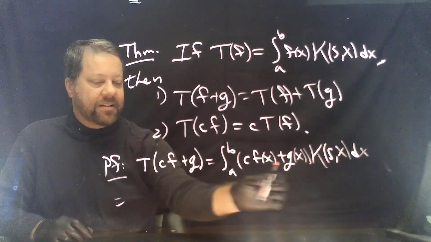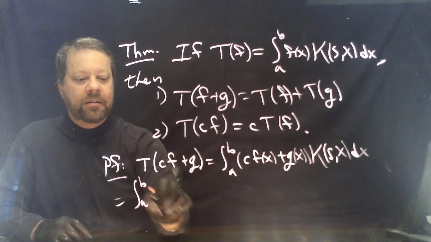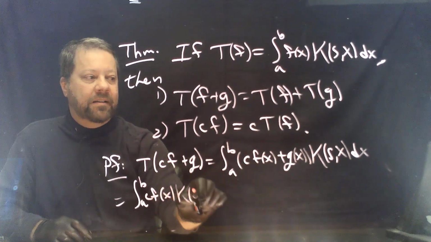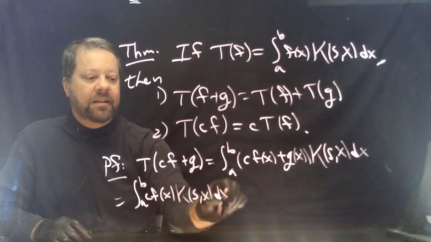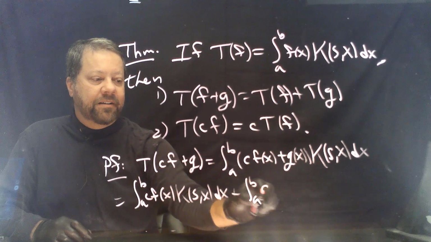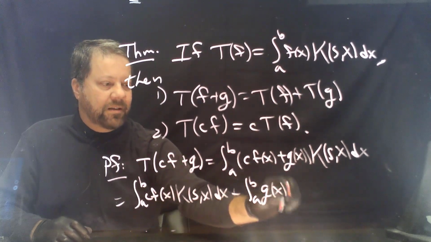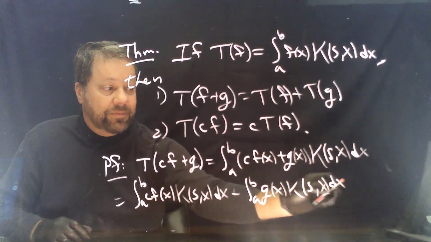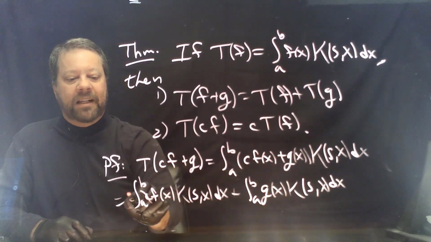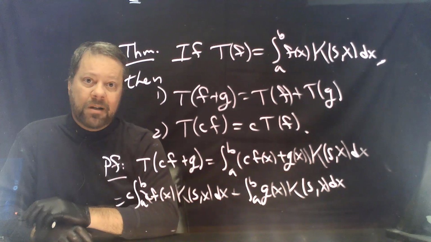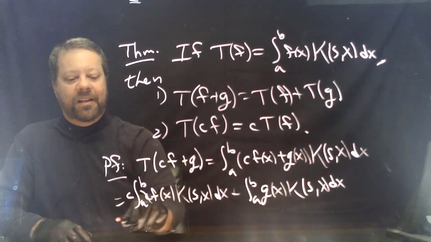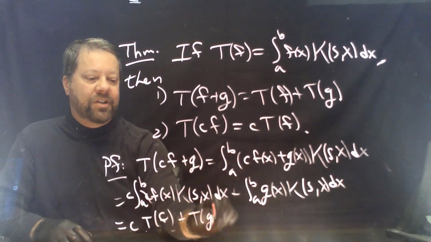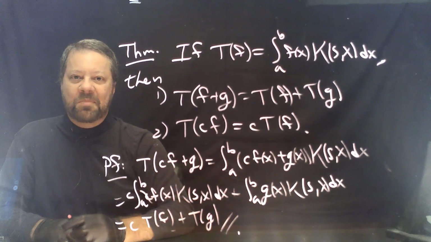We can break this up as c times the integral of f of x k of sx dx plus the integral from a to b of g, using the first property of linearity of the integral. The second property of linearity of the integral allows us to pull constant factors out of the integral, which gives us c times t of f plus t of g, and that completes the proof.